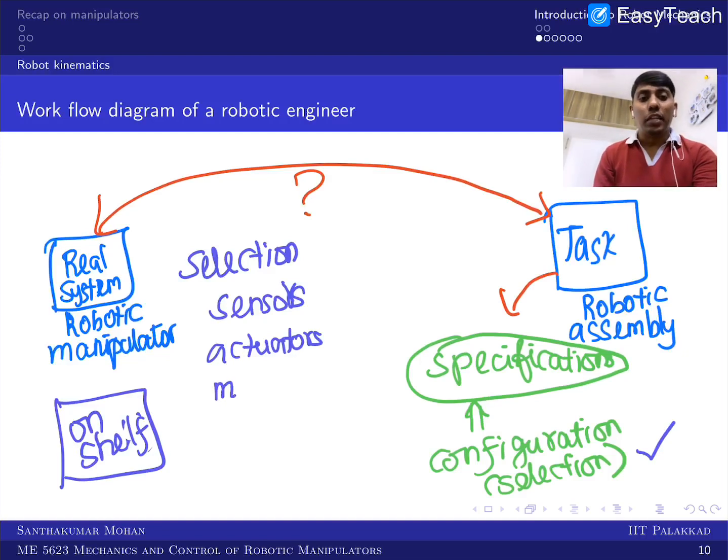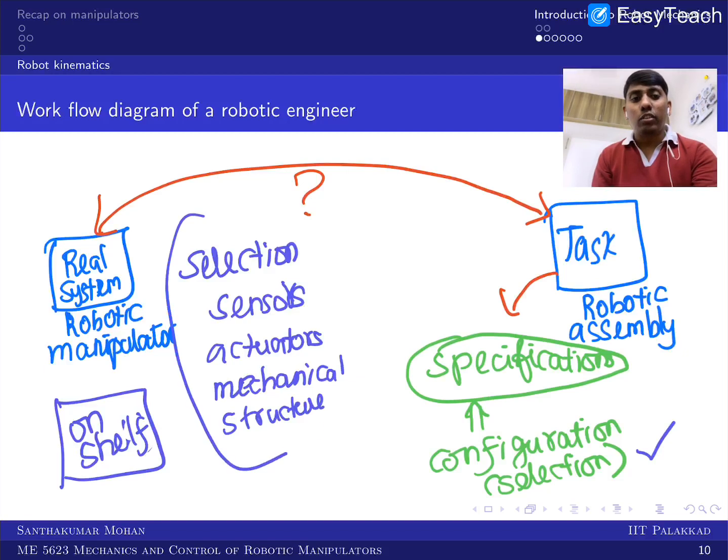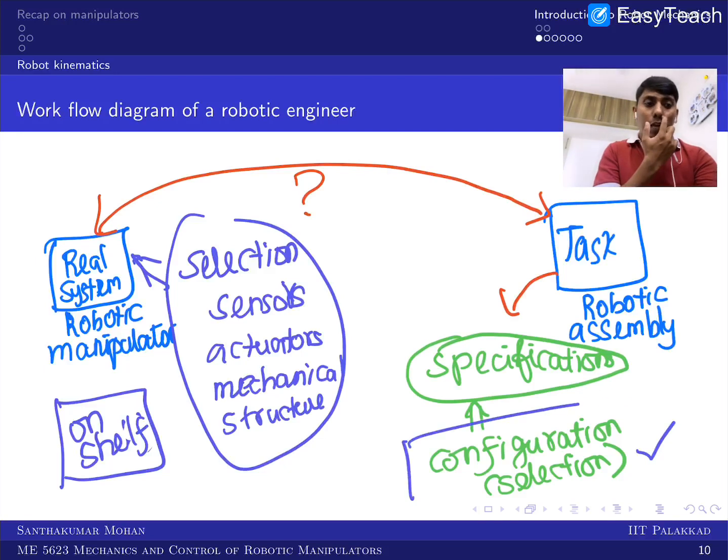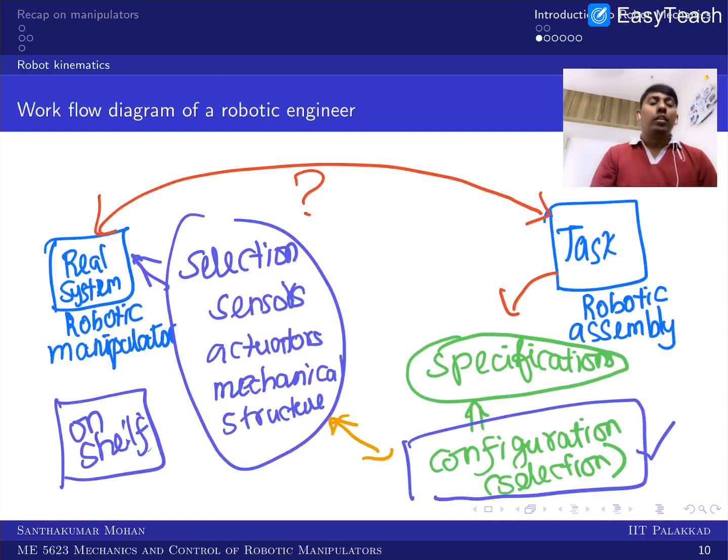Then you have to bring the mechanical structure. So these are associated with this side. Okay, so I am just saying, still there is a gap. The configuration will be known, and you can see there is still a gap. So this gap, how can we fill it?